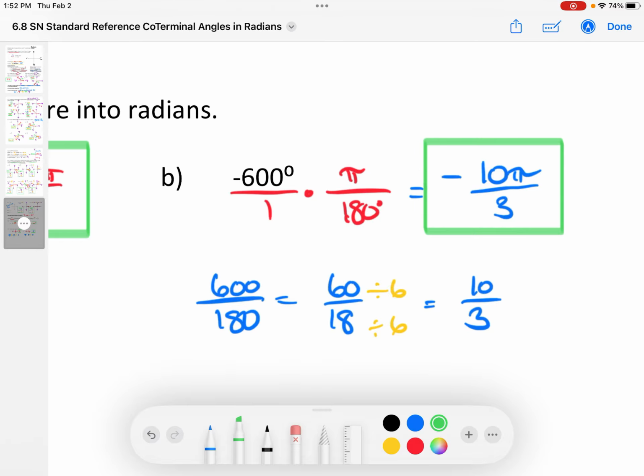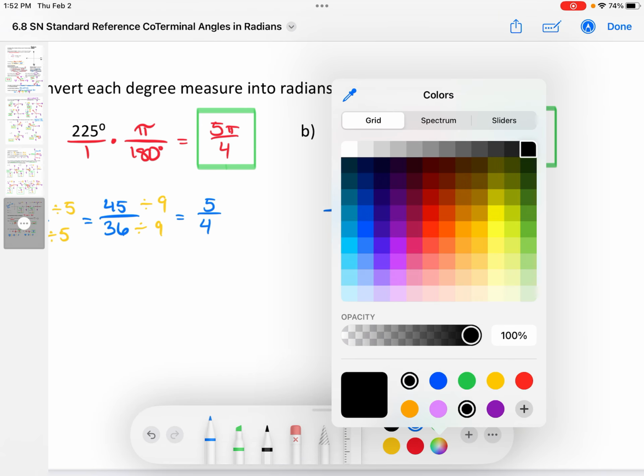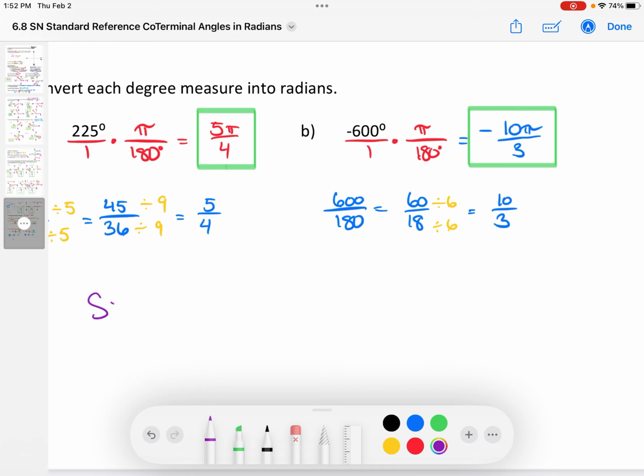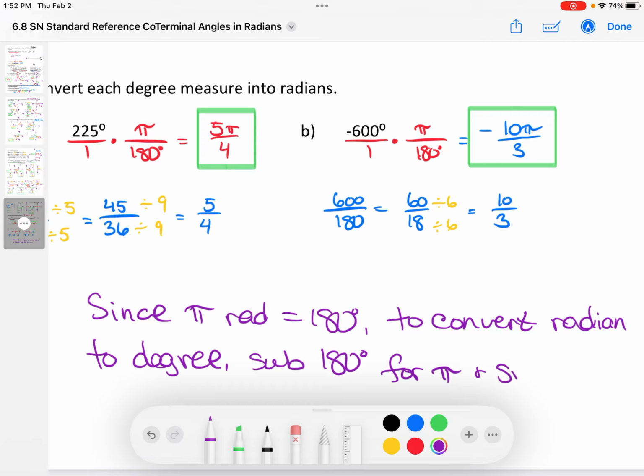And that is how you convert between degrees and radians. Now, one other little tidbit that may help you: since pi radians is equal to 180 degrees, to convert radians to degrees, you can substitute 180 degrees for pi and simplify.